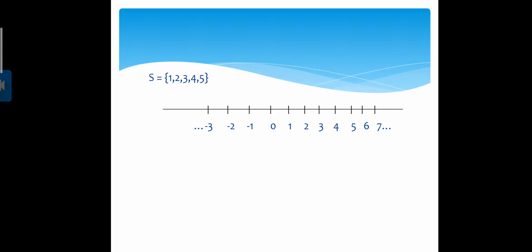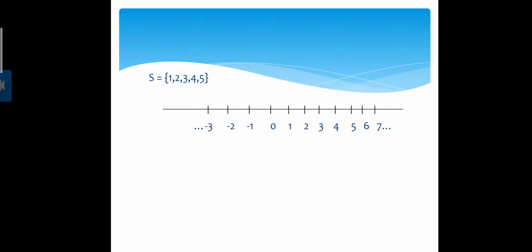Next, you know how to arrange the numbers on the real line. Here you can see graphically that the set is 1, 2, 3, 4, 5. You have to choose the number which is greatest among these numbers.